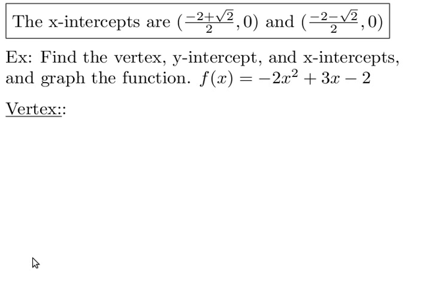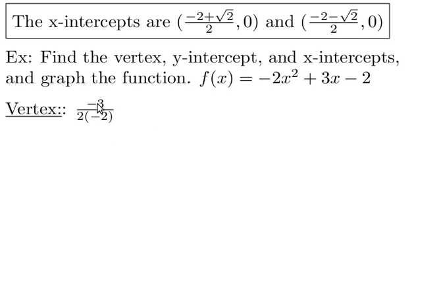Okay, so negative b is going to be negative 3. So negative 3 over 2a, so 2 times negative 2. Instead of doing a dot, let's just put that in parentheses.